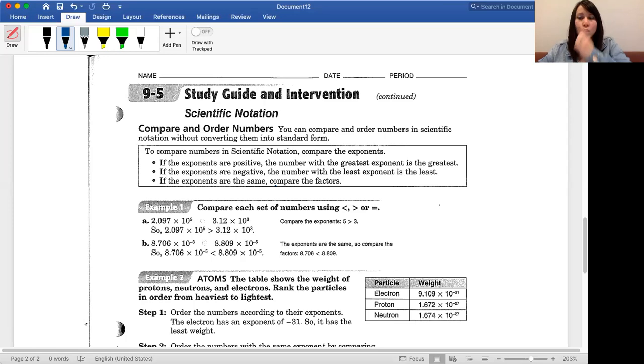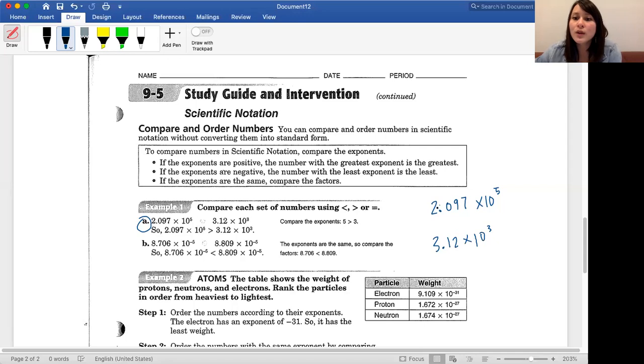So one of the reasons why we want to make sure we're writing it as a number between 1 and 10 is because it helps us compare numbers a lot easier and a lot faster. So if you had a number, let's say example A here, I'm going to write this down on the side, 2.097 times 10 to the 5th power, as opposed to 3.12 times 10 to the 3rd power.